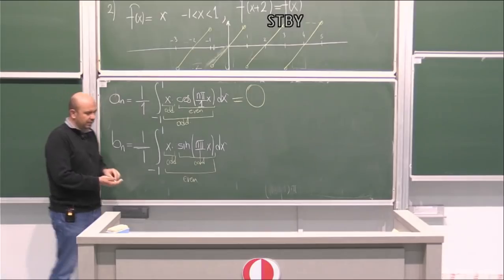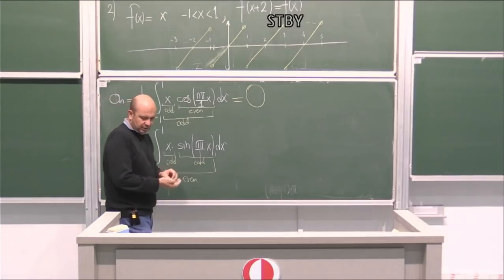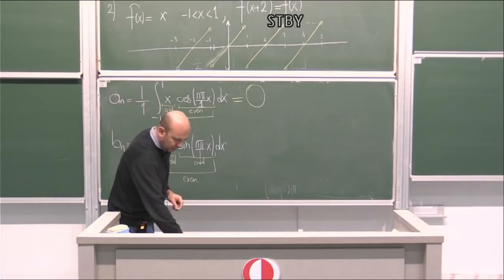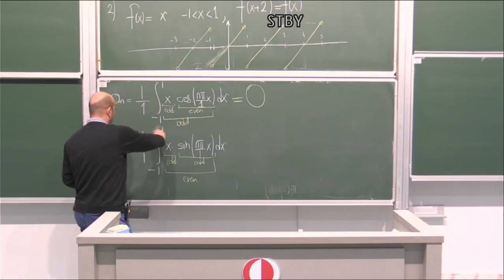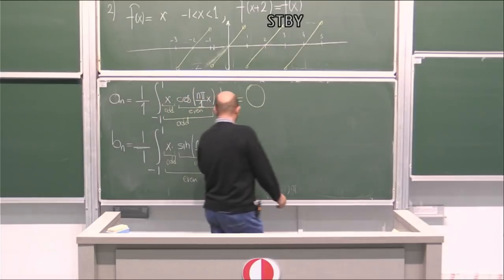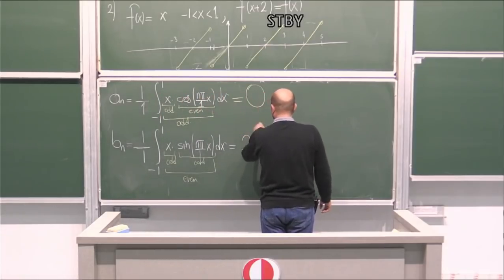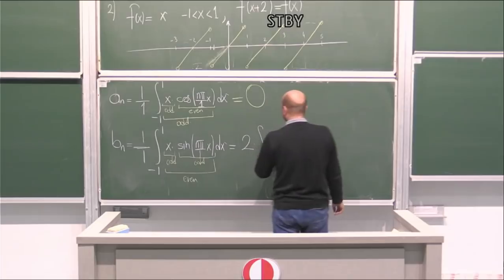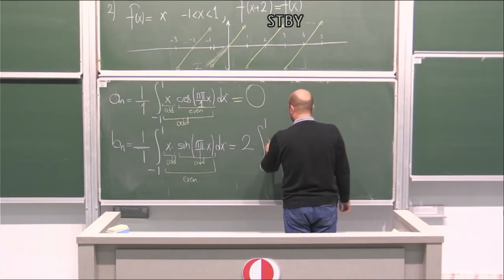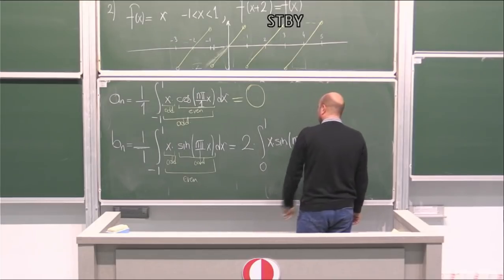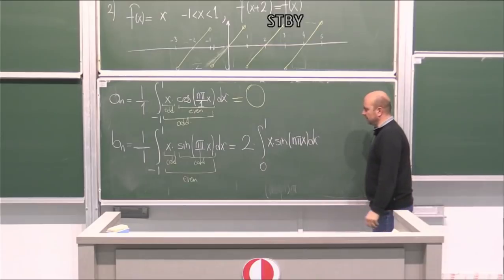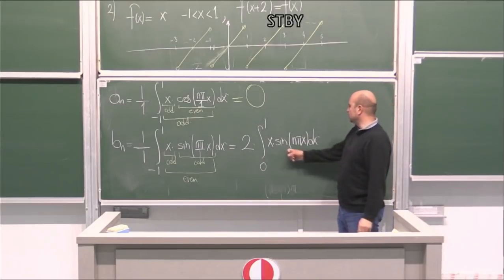One nice thing about evenness is that you can just integrate from 0 to 1 and double it. So this equals 2 times the integral from 0 to 1 of x sine n pi x dx. But we cannot escape the computation, so we have to compute this.